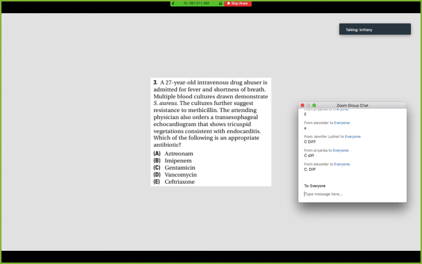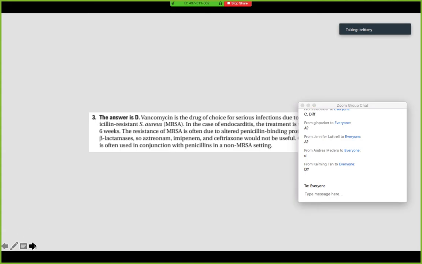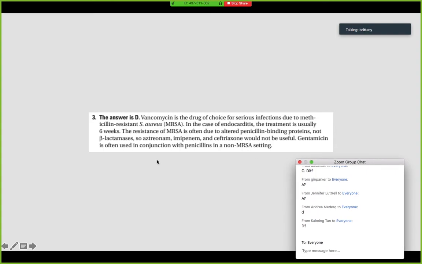So you're treating MRSA. Right, so the correct answer here is going to be D. She has MRSA, and you're going to treat her with oral or IV vancomycin. Right, IV.